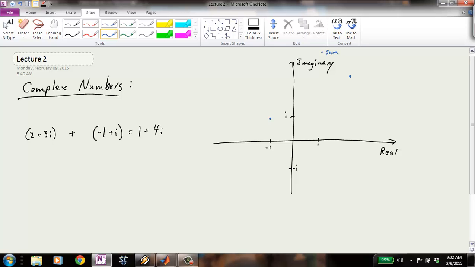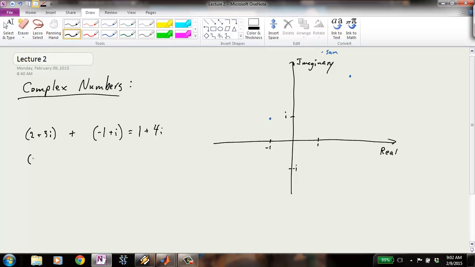Now, we also know that unlike general vectors, for complex numbers there's a natural definition of a product, of multiplying or dividing them. As we did last time, you can just use the arithmetic we usually do for multiplying binomials to figure out what the answer is when you multiply these.